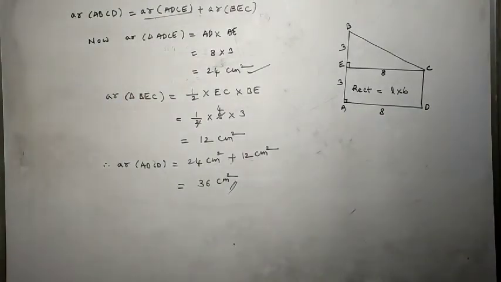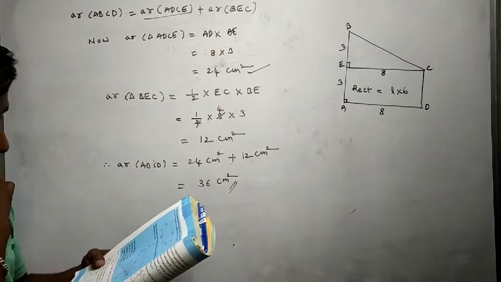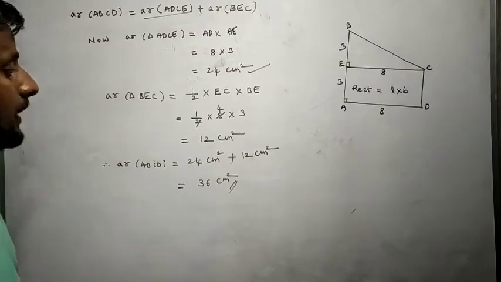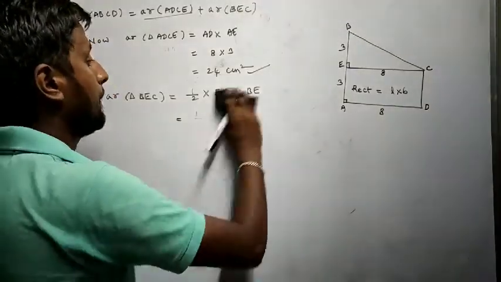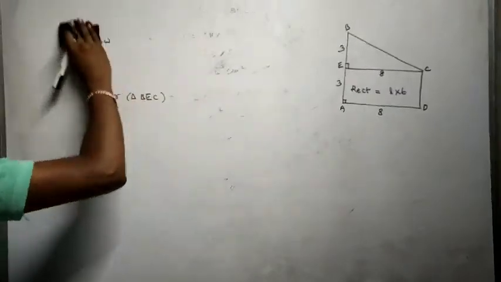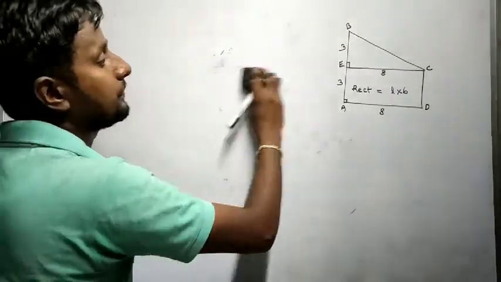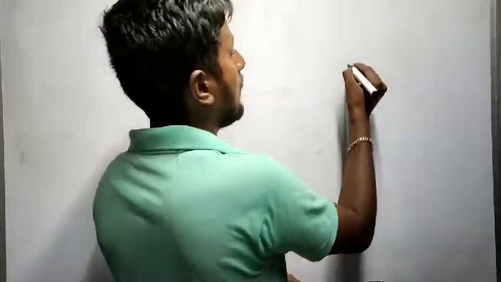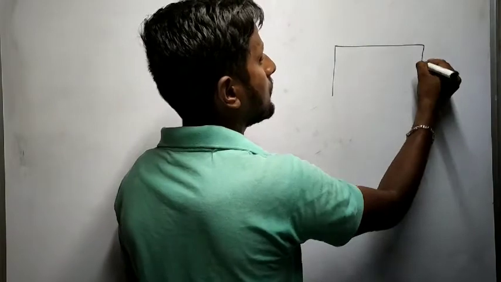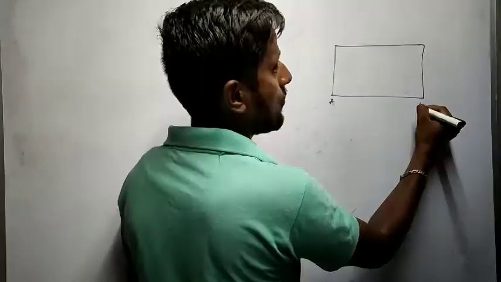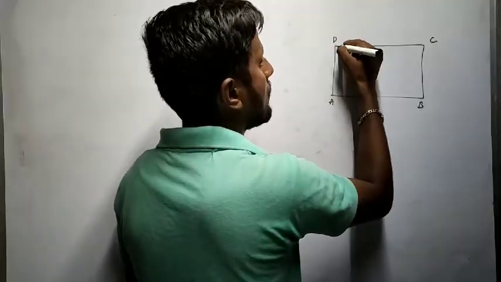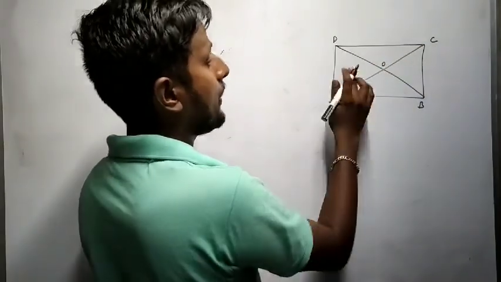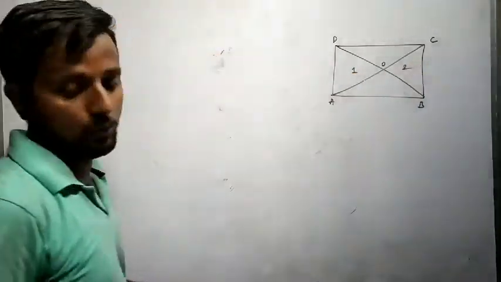So the next question is: ABCD is a parallelogram. Then prove that area of AOD is equal to area of BOC. So we have to show these two areas are equal.